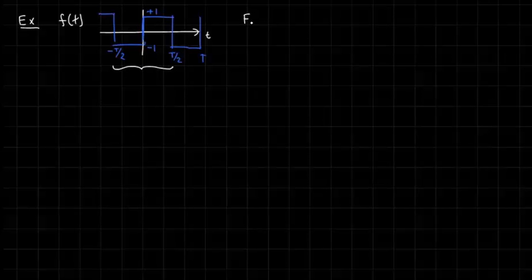So we have f of t equal to +1 for time between 0 and T/2, and it'll be -1 from -T/2 to 0. So this is just defining it for one period. This is the period over which we're going to compute the complex Fourier series.